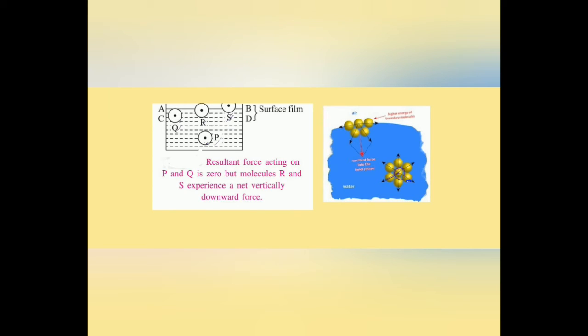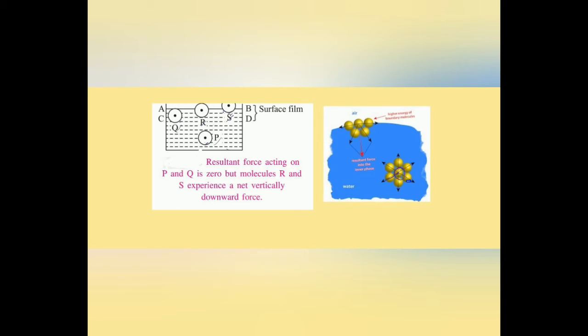When these molecules come to the surface, the molecules have done some work. This work is done against the gravitational force. Whatever work the molecules have done to reach the surface is stored as potential energy.